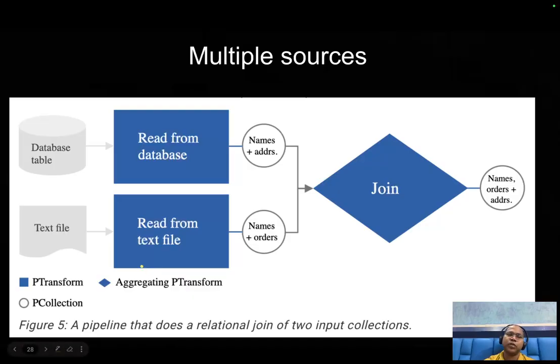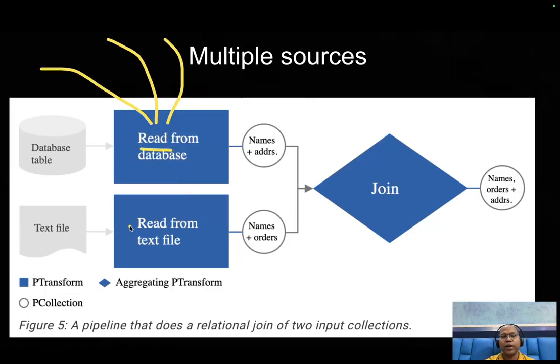And sometimes our business has multiple sources. Maybe sometimes you are getting data from one database, some from Kafka, some from PubSub, and for each read you can create multiple PCollections, join them and make another PCollection, and after that you can perform whatever operations you want.